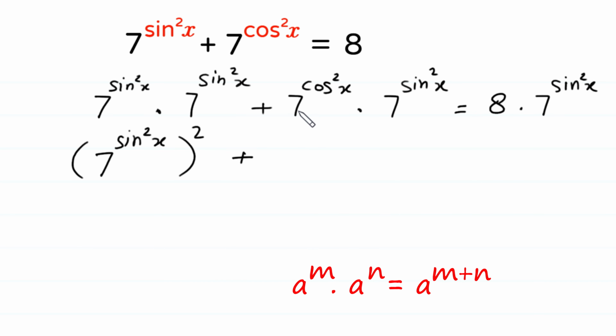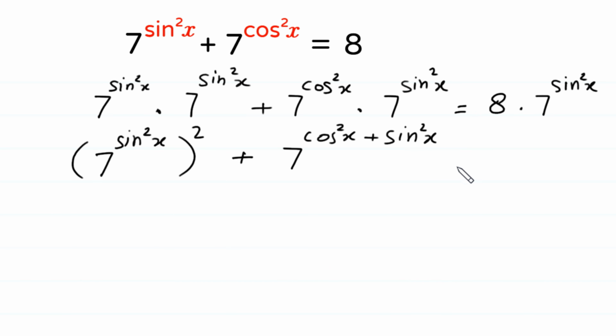This 7 to the power cos square x times 7 to the power sine square x will become 7 to the power cos square x plus sine square x is equal to 8 times 7 to the power sine square x.